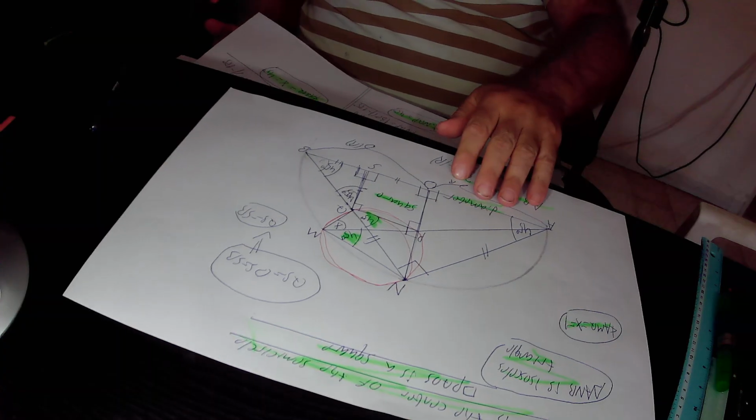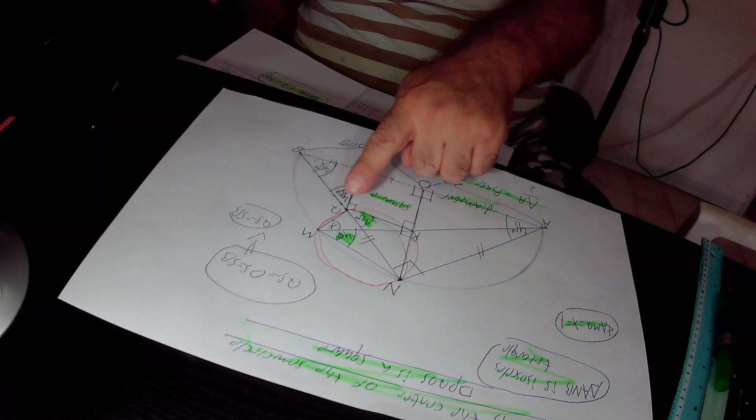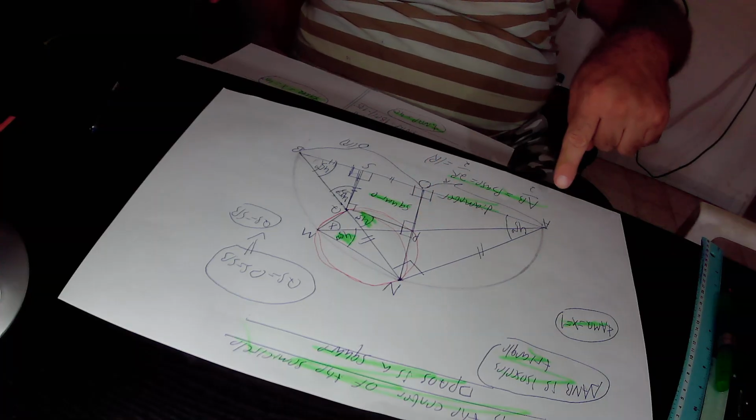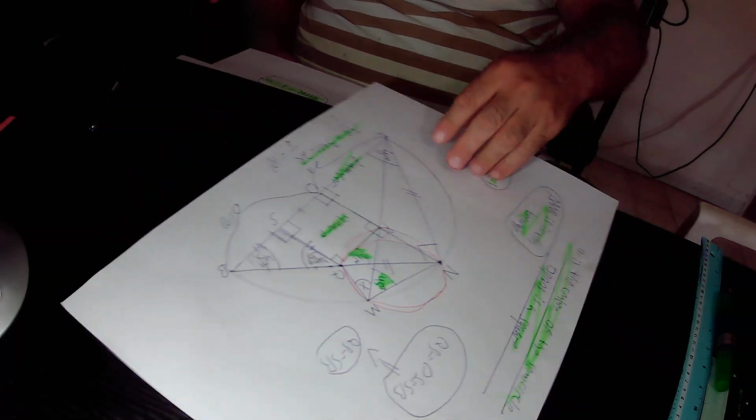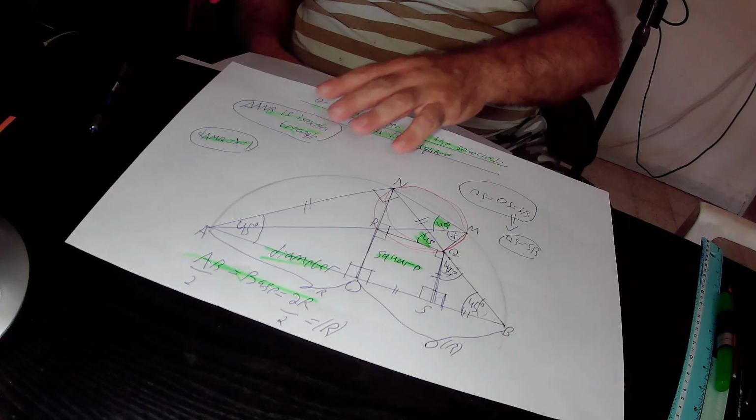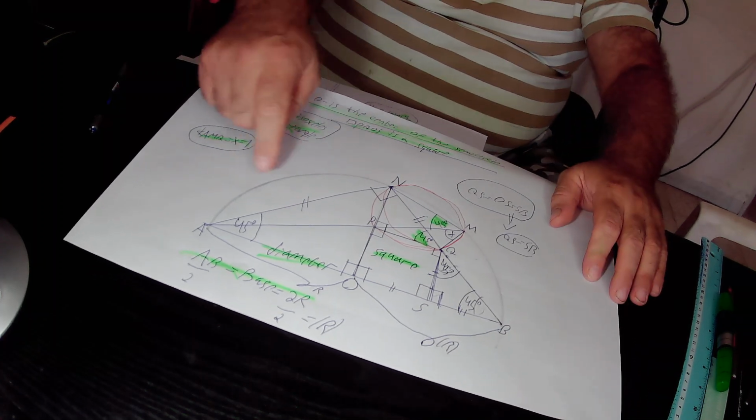In the next step, we join points M and N together by a straight line, and we also join points N and A together by a straight line. By joining points A and N together by a straight line, we get the peripheral angle ANB.